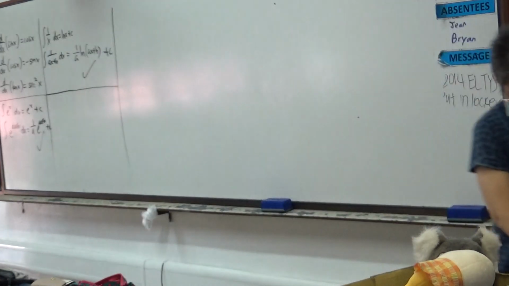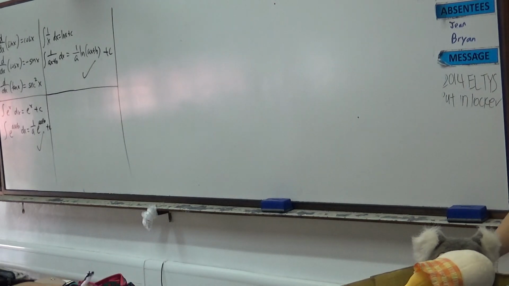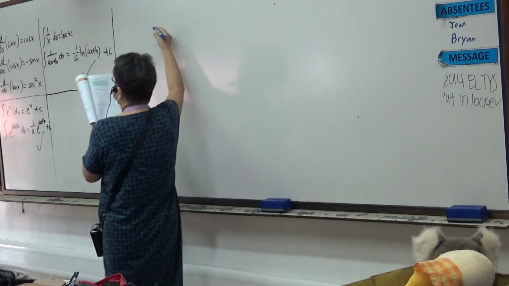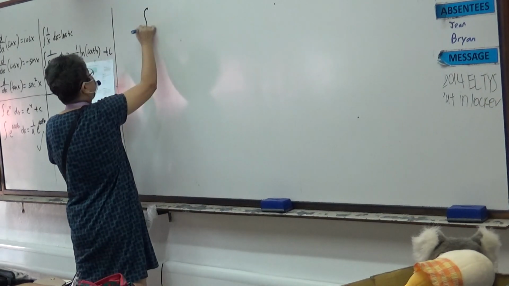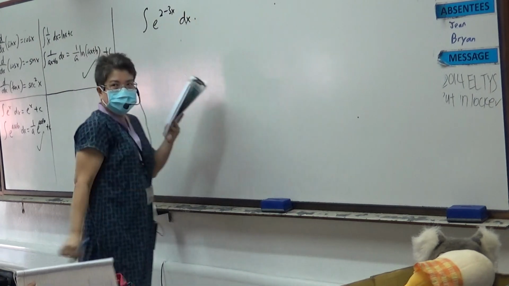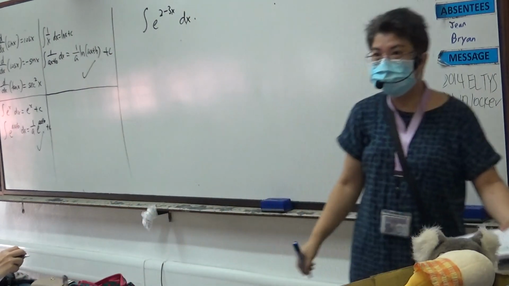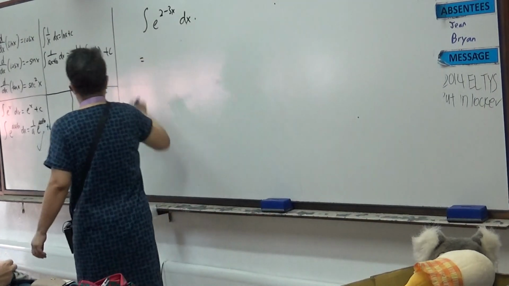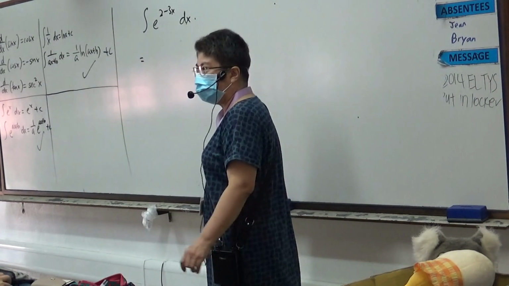Okay. Can we all move to page 107, example 12? Integrate the following with respect to x. Don't forget, after you put the integration sign, you must put dx. Now, if I follow the rule, all of you look up.